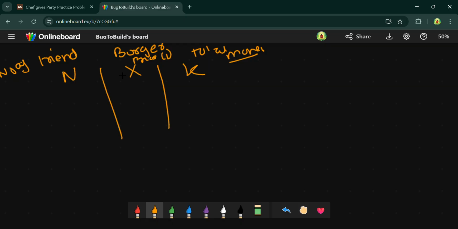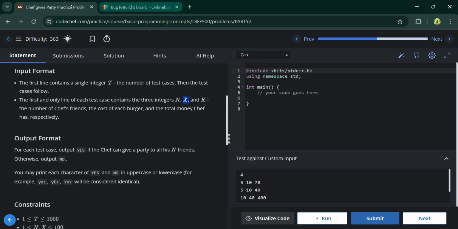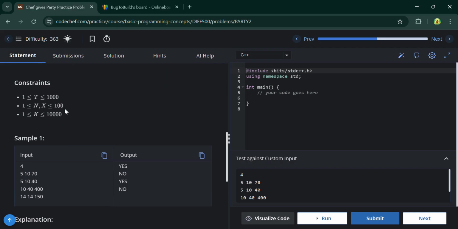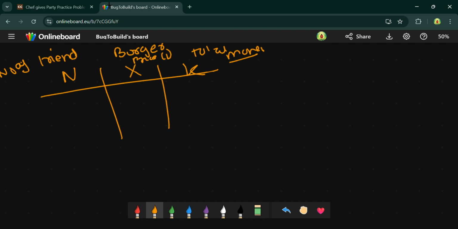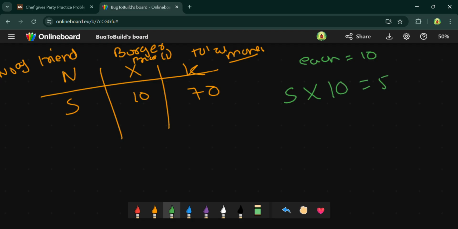So let's take an example here. There is given 5, 10 and 70. The number of friends is 5 and each burger costs 10. So for 5 friends there will be 50, a total of 50 money will be spent.